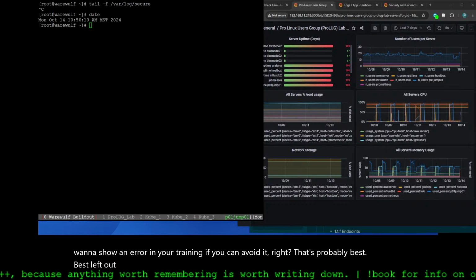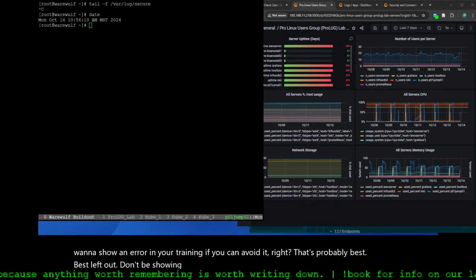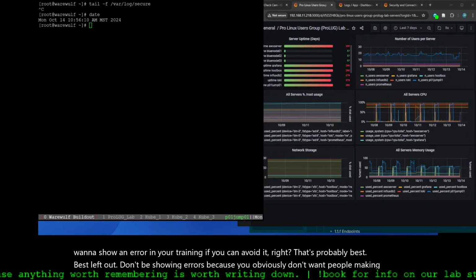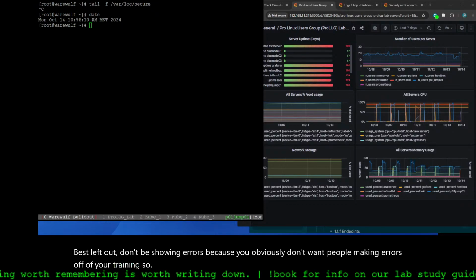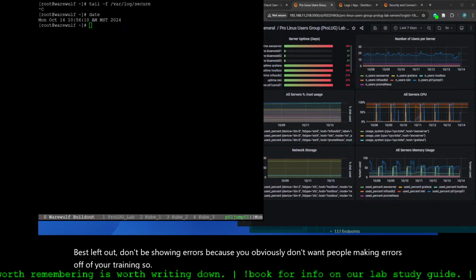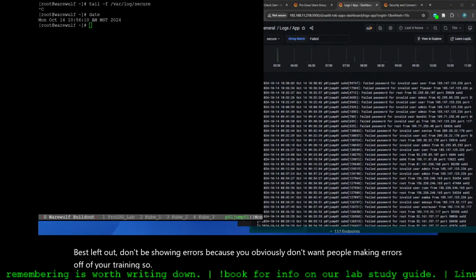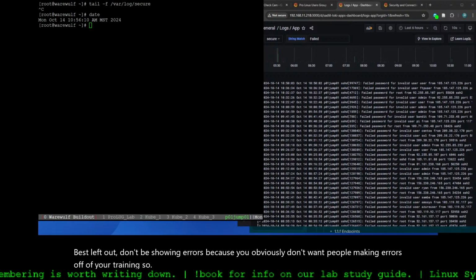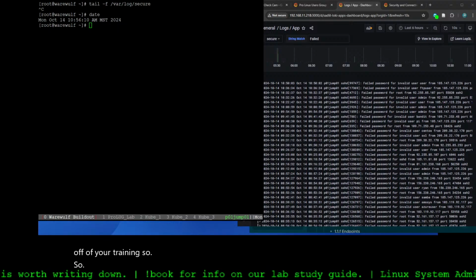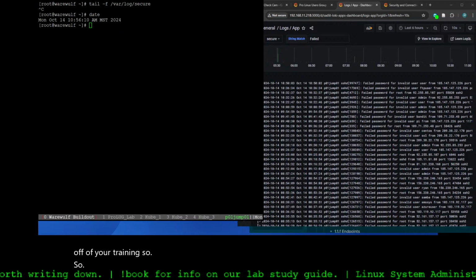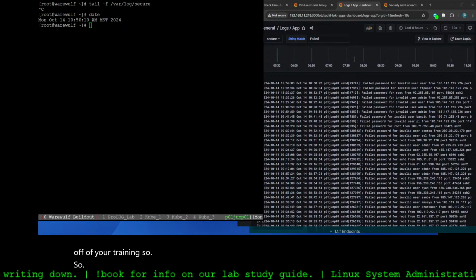Don't be showing errors, because you obviously don't want people making errors off of your training. So, node power commands right there.